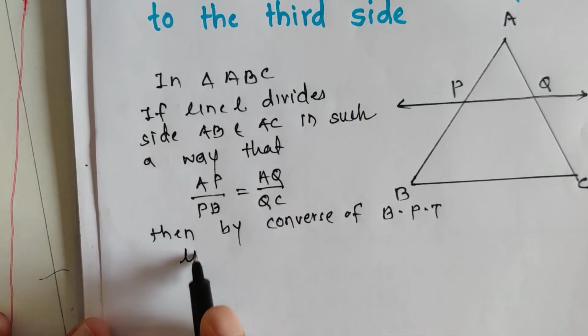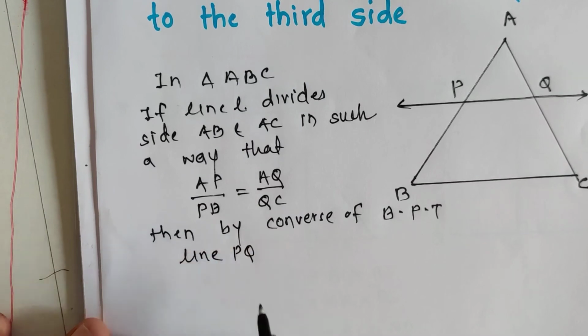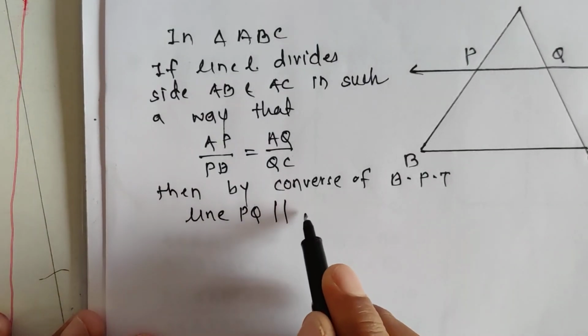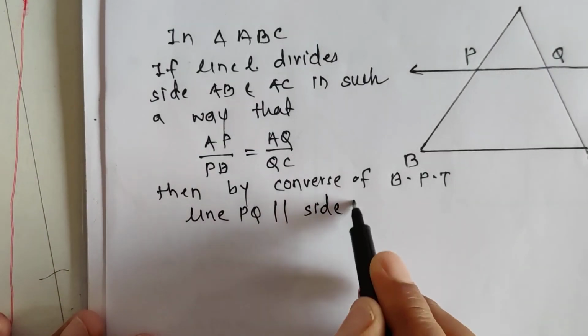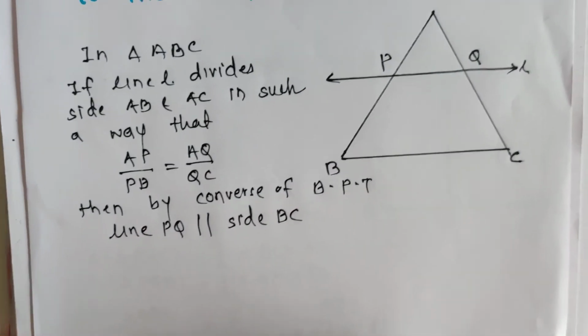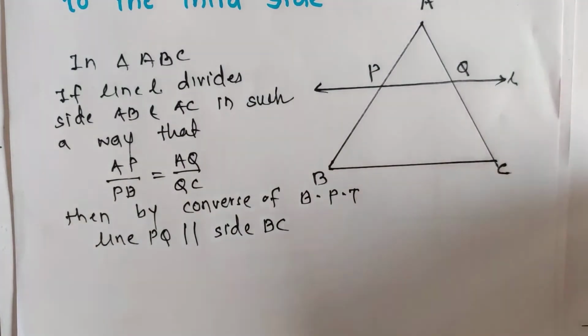This line PQ is parallel to the third side BC. So this is the theorem, and examples may be asked like this.